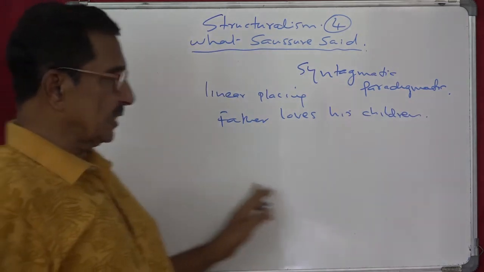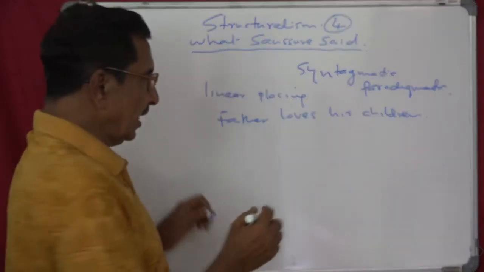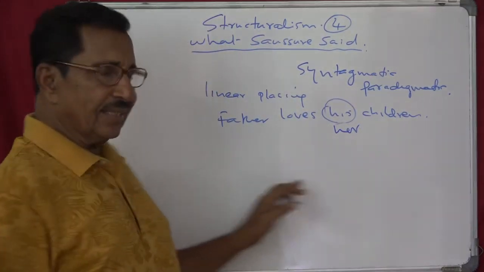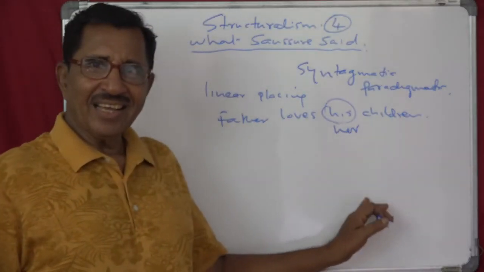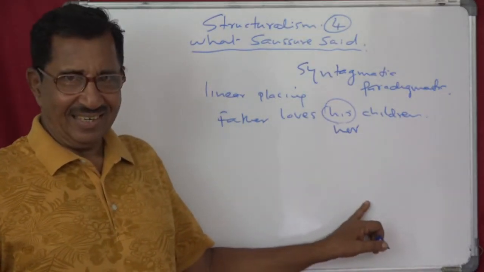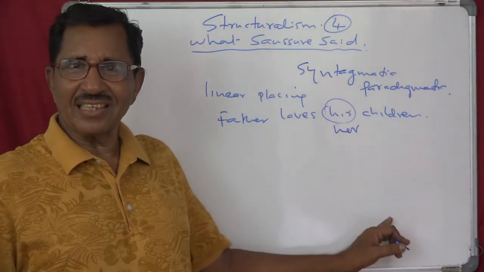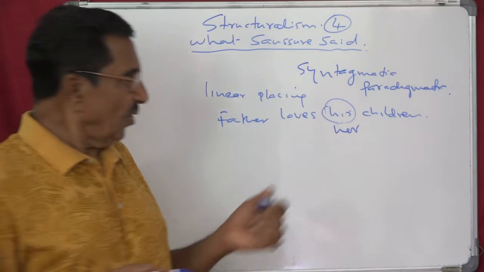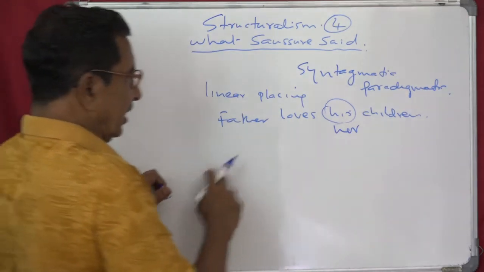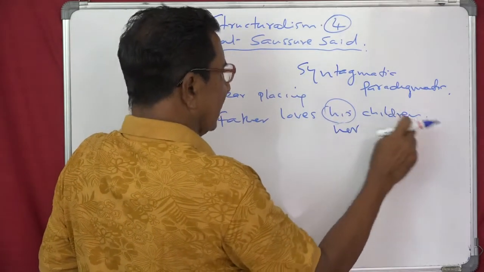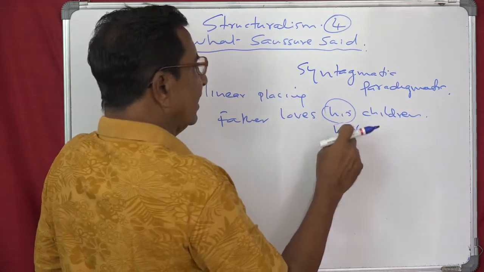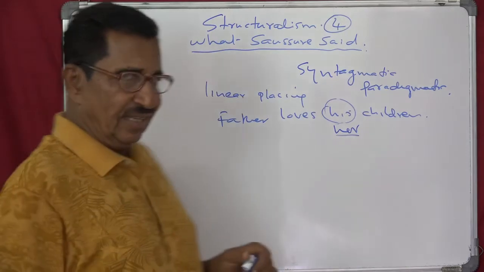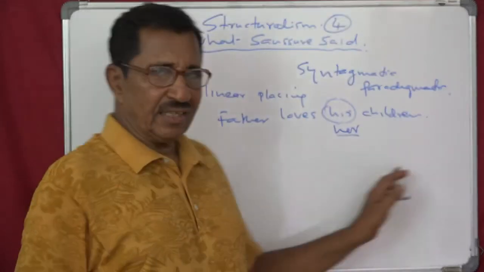But if you say, instead of this, her, the syntagm is broken. Father cannot love her children. Isn't it? Or on the other hand, you can say, father loves his children, and this her cannot be substituted here. So linear placing, you understand.